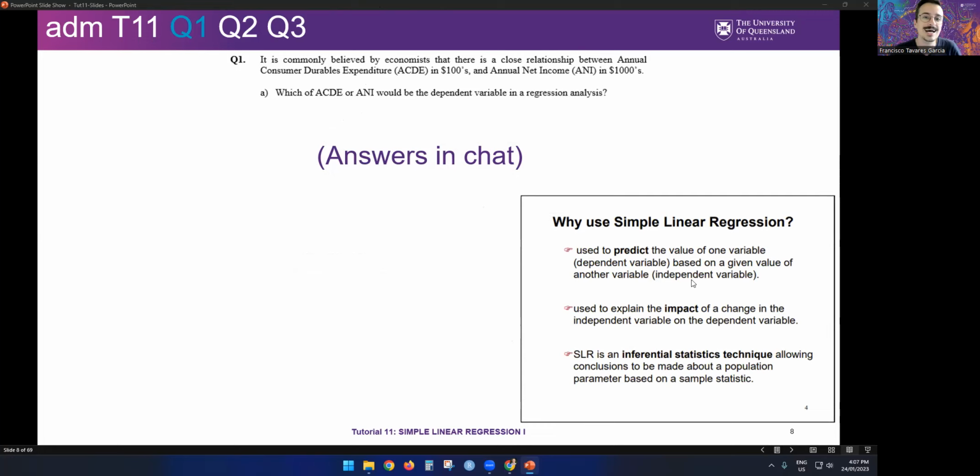So do you think that expenditure, the money that people spend, depends on income? Or is it the other way around? Does income, the money that they receive, depend on expenditure? Please put on chat either ACDE or ANI, or you can put either expenditure or income. It's up to you.